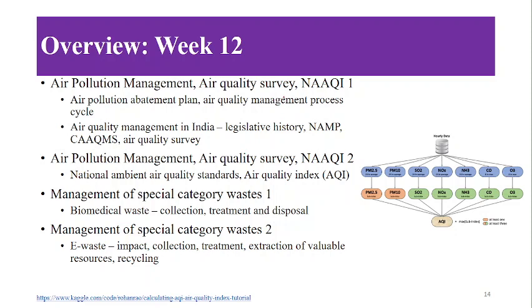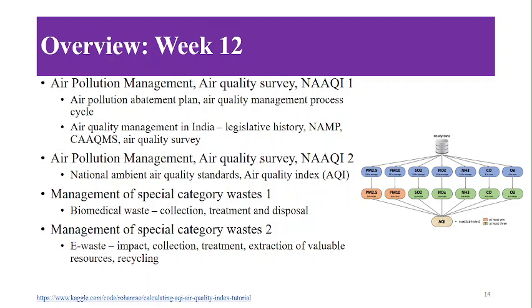So in that, the air quality management process cycle was discussed, and air quality management in India, the legislative history for the pre-internet era, internet transition era, and the internet era were discussed. In that, NEMP, the National Ambient Air Quality Management Program, was discussed, and CAAQMS, the Continuous Ambient Air Quality Management System, was discussed, and this CAAQMS is used to generate the air quality index.